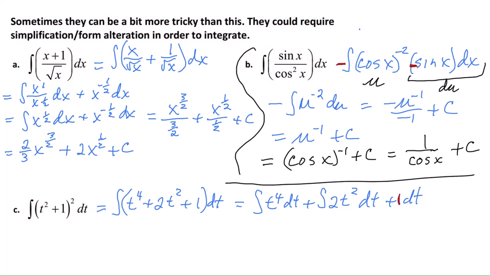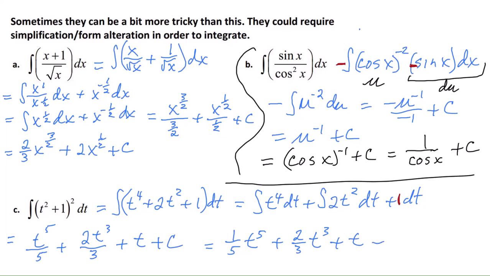Don't forget that part. So let's keep going. Get the antiderivative, and I'm ending up with this. And that's okay. I don't have any negative exponents. If you wanted to, you could rewrite it like this. Your choice. Definitely a little more tricky.